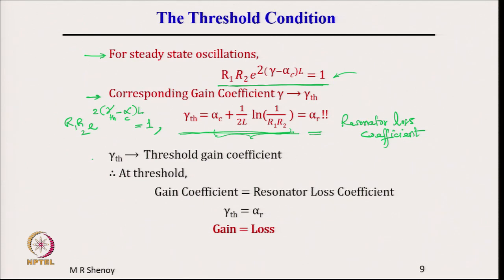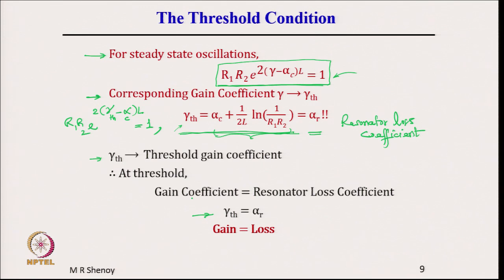Thus, gamma threshold, which gives this stable condition, is called the threshold gain coefficient, and at threshold the gain coefficient is equal to resonator loss coefficient. So, the threshold condition is this, that the gain coefficient gamma threshold is given by this expression, which is equal to resonator loss coefficient, or the threshold condition is here.